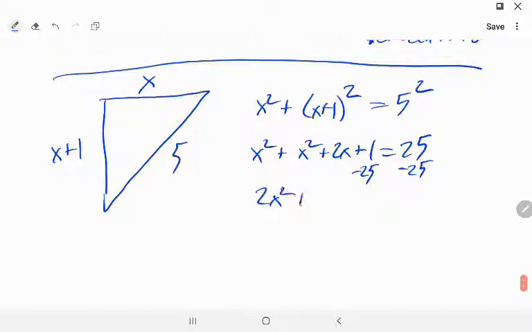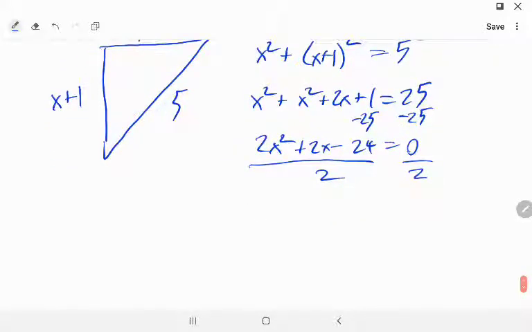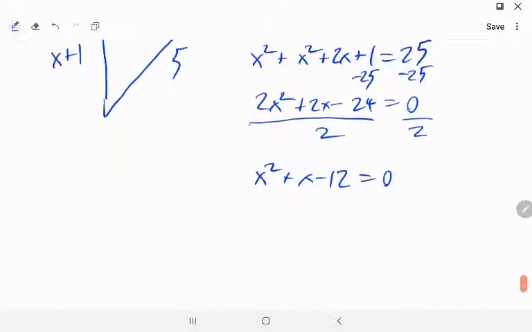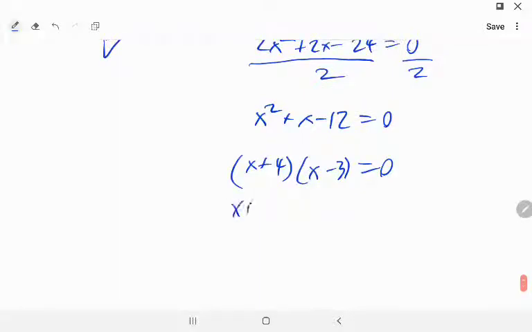We get 2x squared plus 2x minus 24 equals 0. We can make our lives a little bit easier by dividing both sides by 2. So we now know that x squared plus x minus 12 equals 0. And so we're going to get x plus 4, x minus 3 equals 0. And so we're going to get x plus 4 equals 0, or x minus 3 equals 0.